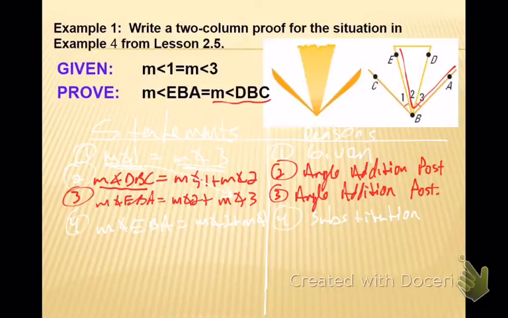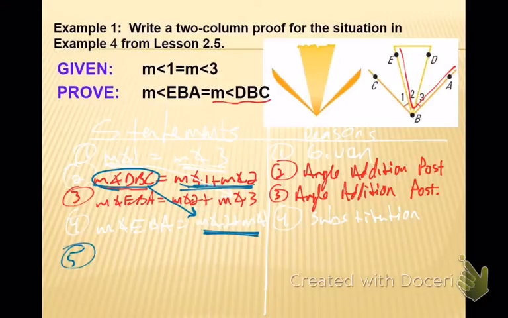Okay. Well, if you look again, I've got 1 plus 2 here, and I've got a 1 plus 2 here. That means that I can substitute angle DBC in for this 1 plus 2 right there.